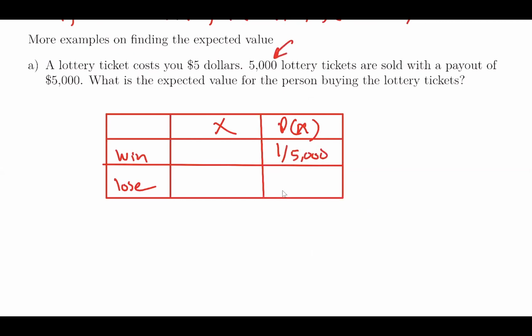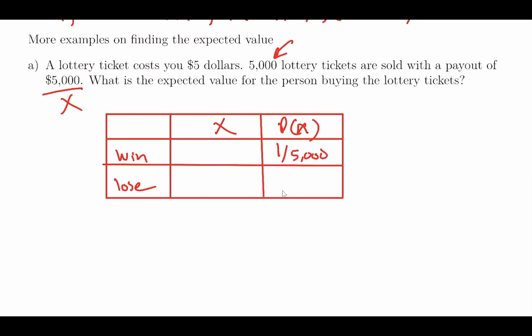We're talking about this 5,000, not this 5,000. We're talking about the 5,000 lottery tickets that were sold. They sold 5,000 lottery tickets and only one of them is a winner. That's why the probability of somebody winning is 1 out of 5,000, because we're assuming they buy one ticket.